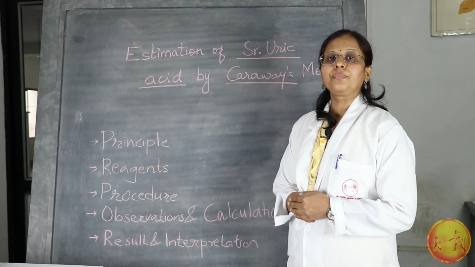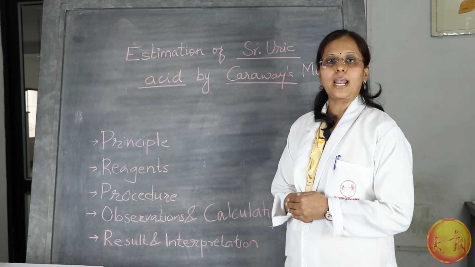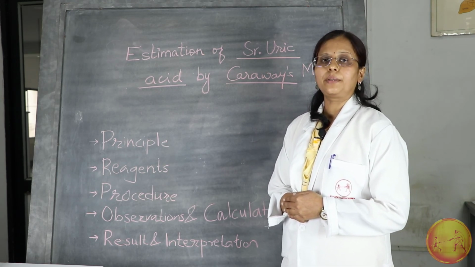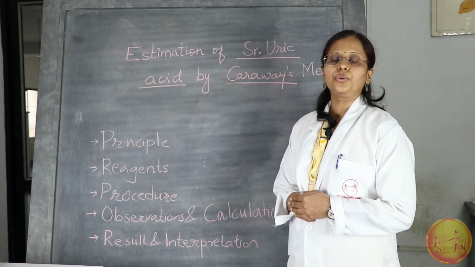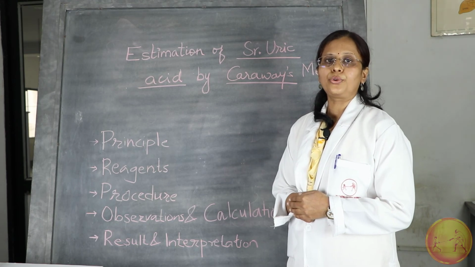For example, multiple myeloma, polycythemia, leukemia and various malignant conditions. Then lastly, if the kidney is unable to excrete because of various disorders of the kidneys, then also uric acid levels are increased. An example of this is glomerulonephritis.